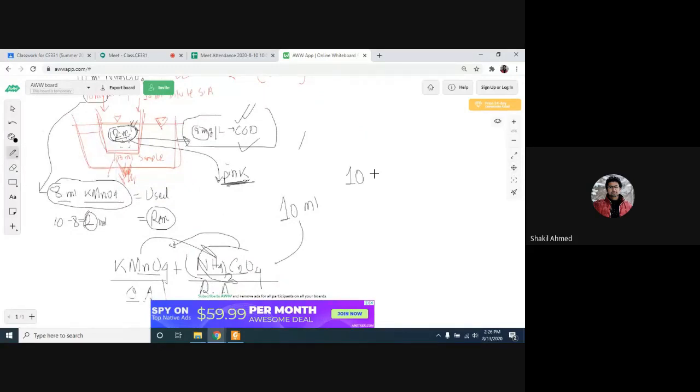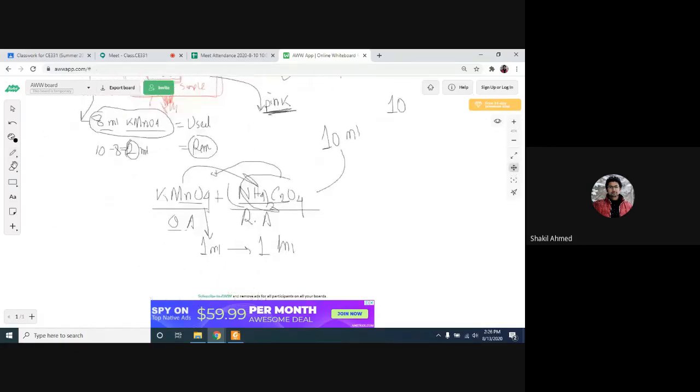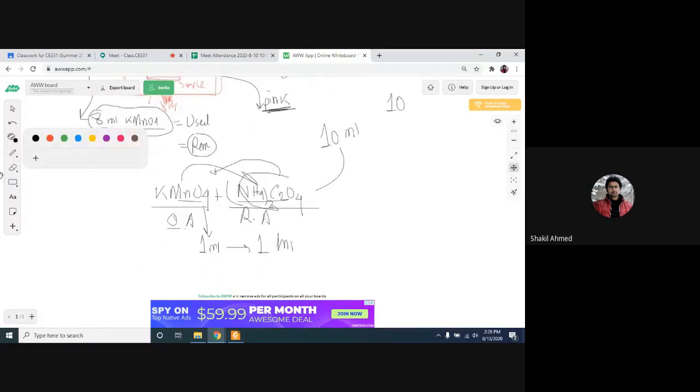How much potassium permanganate is remaining, guys? 2 ml.